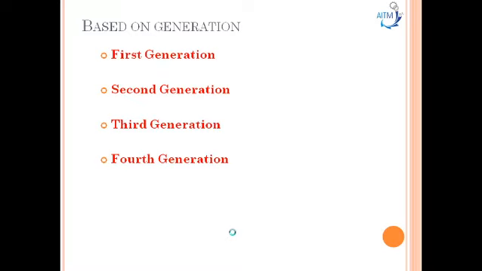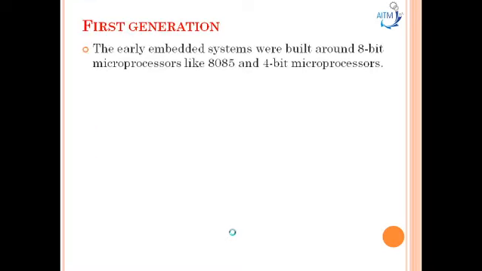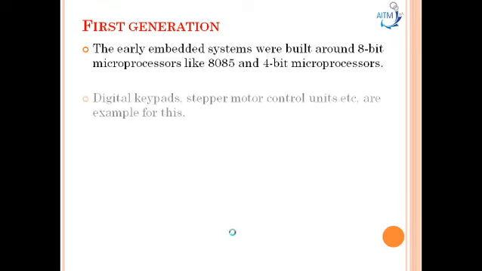Now coming to the first generation embedded systems, the early embedded systems were built around 8-bit microprocessor like 8085 and 4-bit microprocessor. So these embedded systems are simple in hardware circuits with software developed in assembly code. And the examples for this generation are digital keypads and stepper motors.